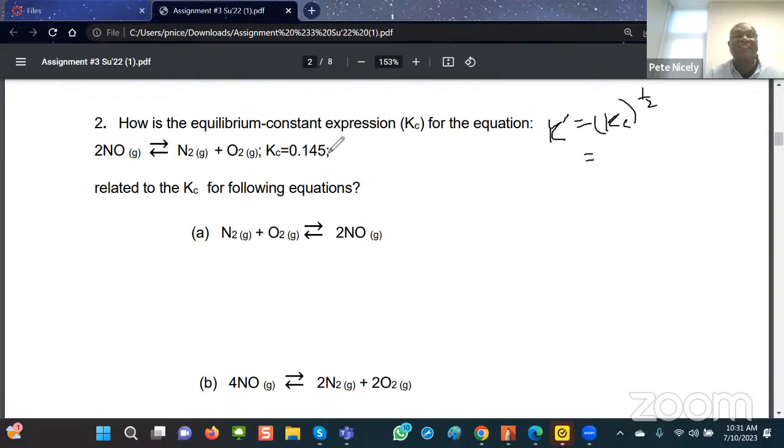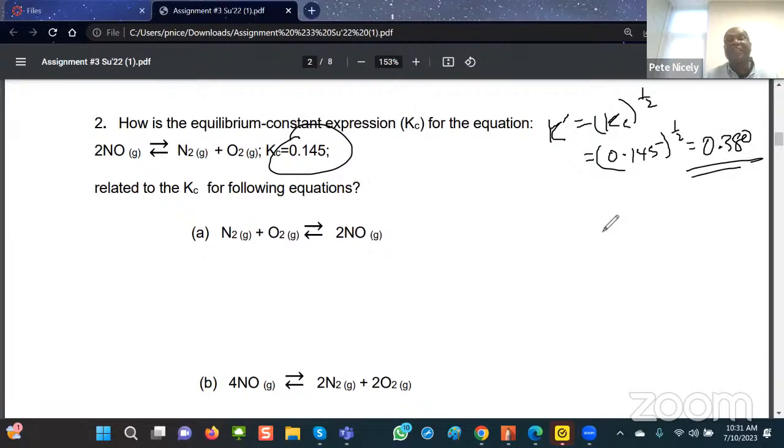Since Kc is equal to 0.145, 0.145 raised to the half would be the answer for Kc prime. So I find the square root, and the answer I would get here is 0.380. So that's how you can determine Kc prime if you know the original value of Kc for the first equation.